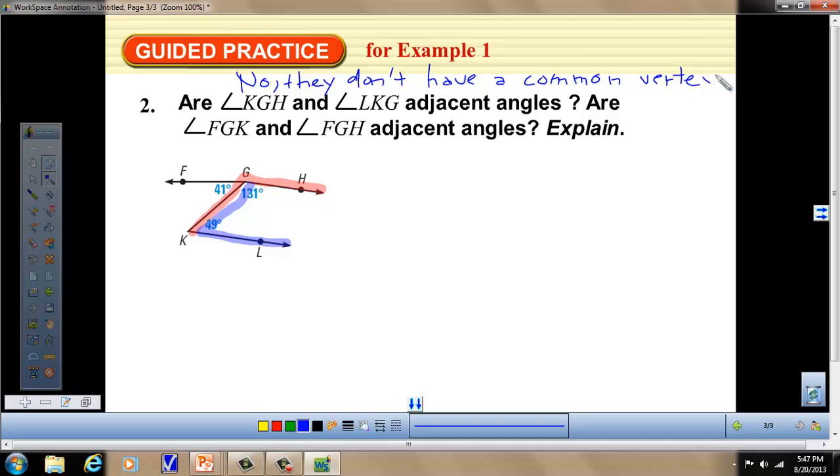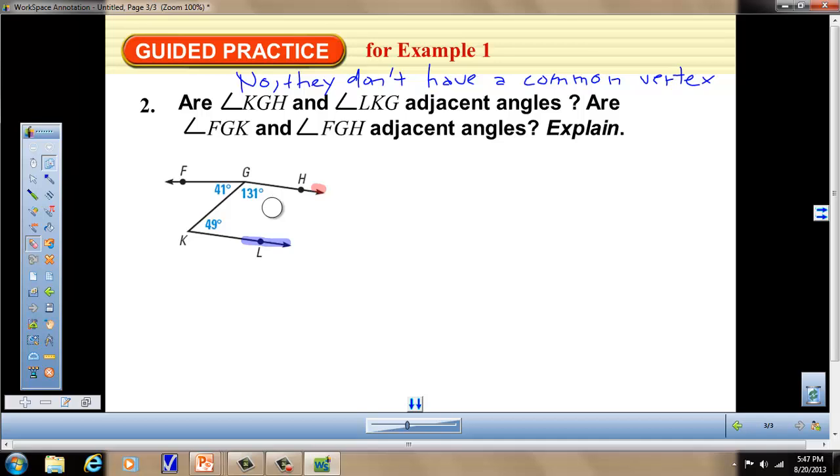And then for the second part, let me erase this real quick. We're looking at angle FGK and FGH. So the second one is FGH.